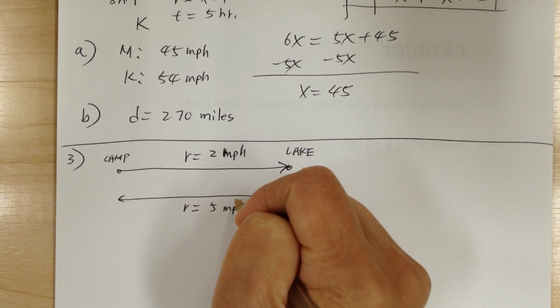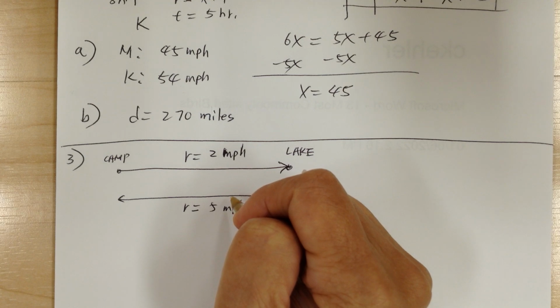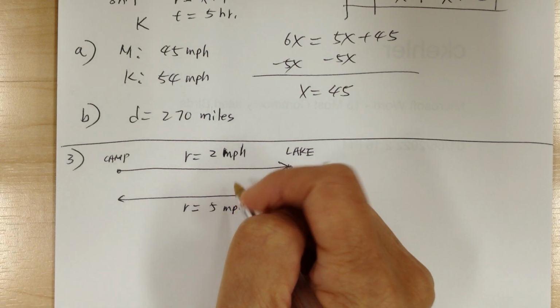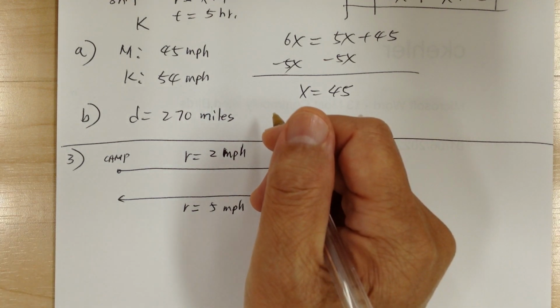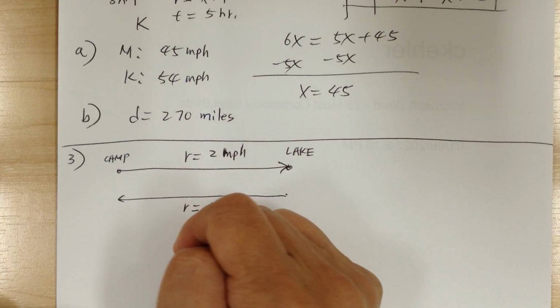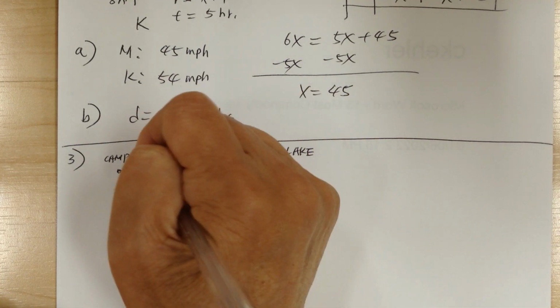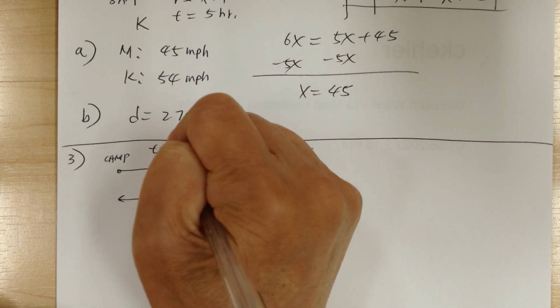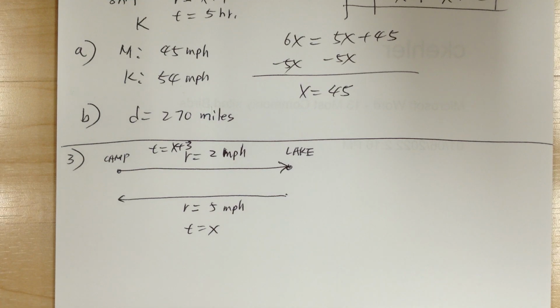The trip to the lake took 3 hours longer than the trip coming back. So the time coming back will equal x, and the time going, 3 hours longer, will be x plus 3. So get all the information together.